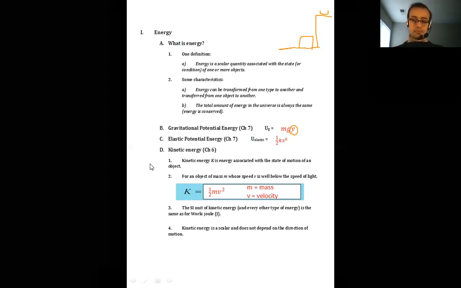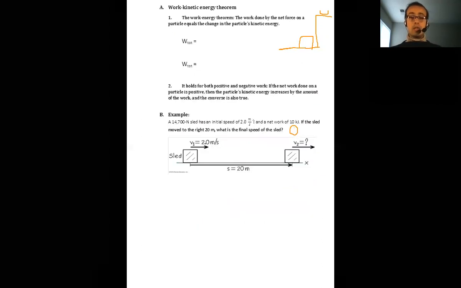And you notice here, you say that the unit of kinetic energy is the same as it is for work. Does this mean that work and energy are the same? Well, the work energy theorem says yes, they are the same. The work done by the net force on a particle equals the change in the particle's kinetic energy.